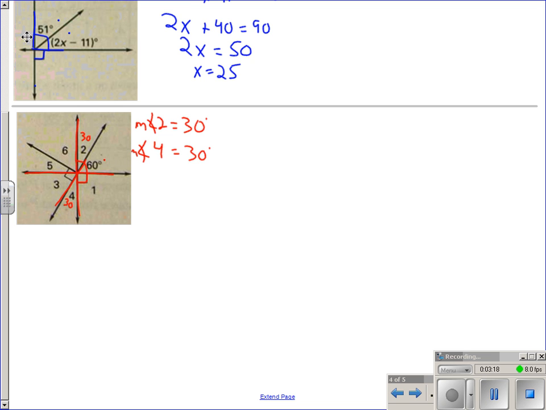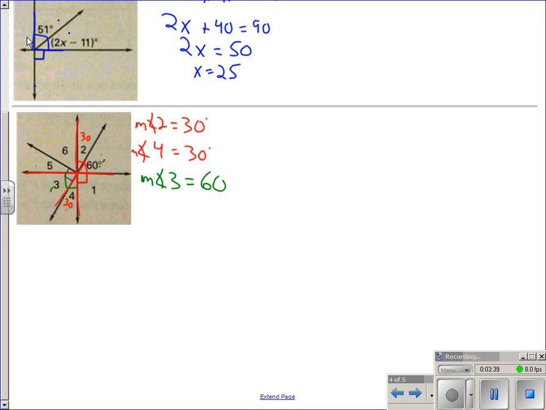Again, perpendicular there. So if angle 4 is 30 degrees, angle 3 has to be 60 degrees. We could have done vertical angles here with angle 3 and the 60 degrees that we were given.